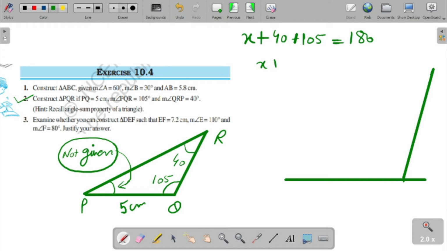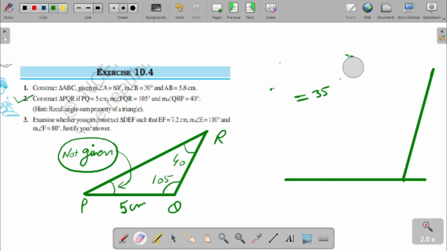So this must be 145 and 180. So x equals 180 minus 145, that is 35. So this is 35.